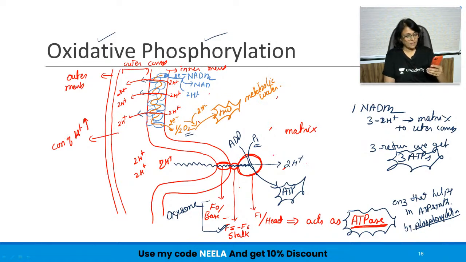Rashmi says everything is clear. What about others? Did you understand these two very, very important steps, ETC and oxidative phosphorylation? I guess it is clear. You do one thing, you revise these two things from NCERT, read what is given there.